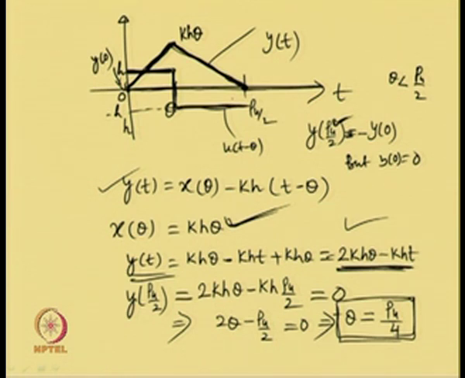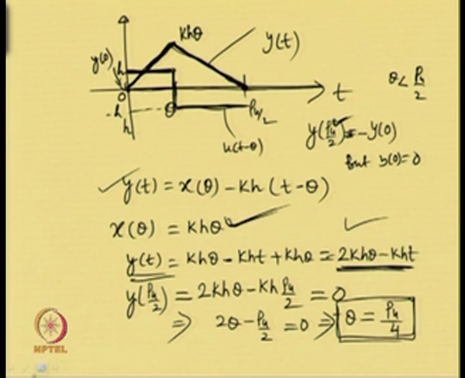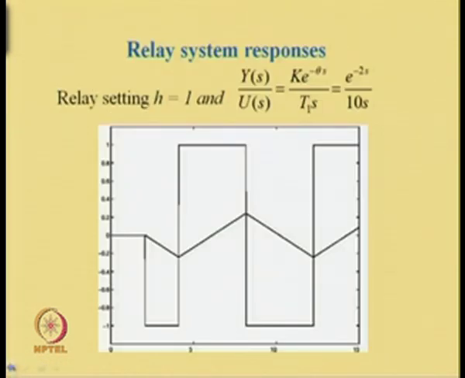Let us see whether we really get such type of output signal and input signal when the system is simulated or when the relay test is performed in real life. This is what we get from the simulation of the system. Now, if I locate the horizontal axis, then start the analysis from any zero crossing.